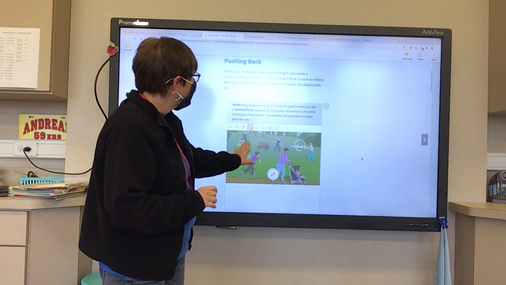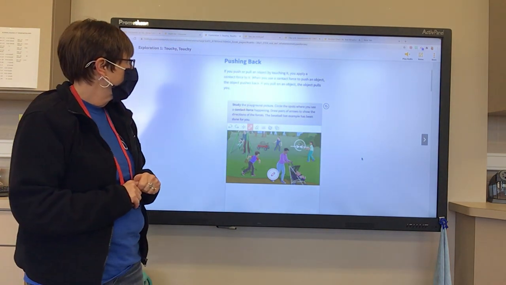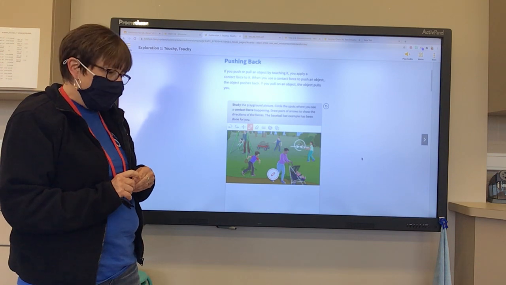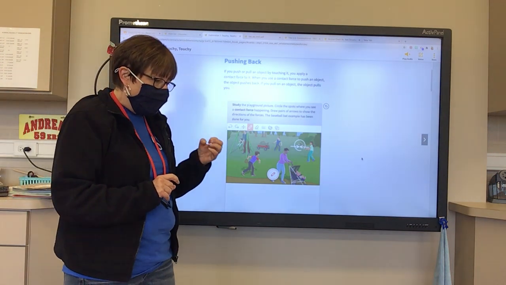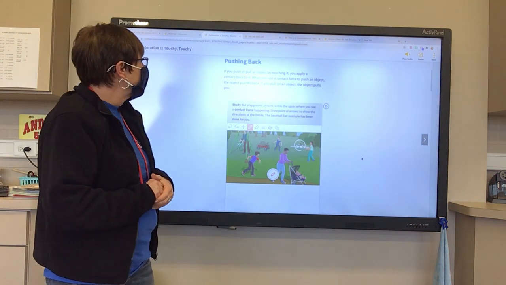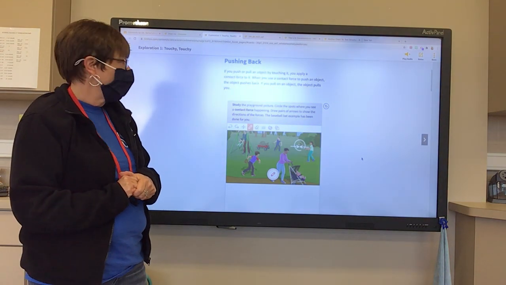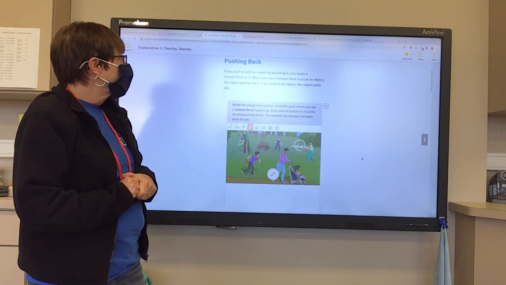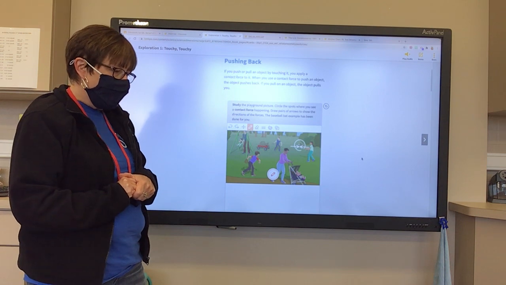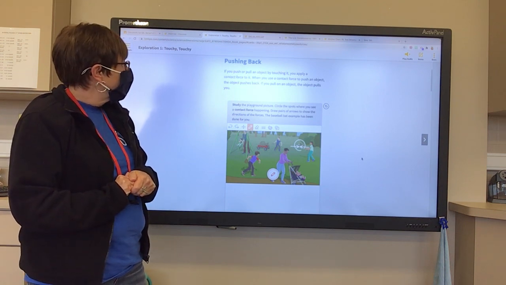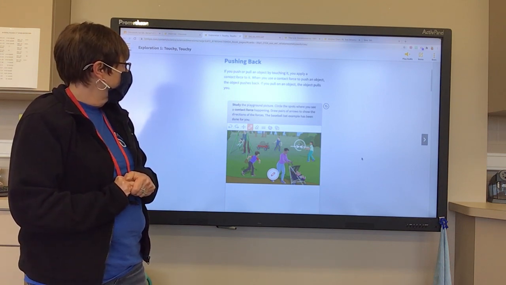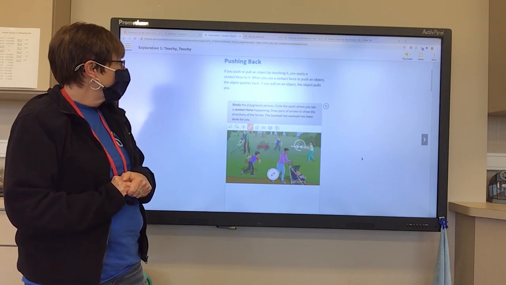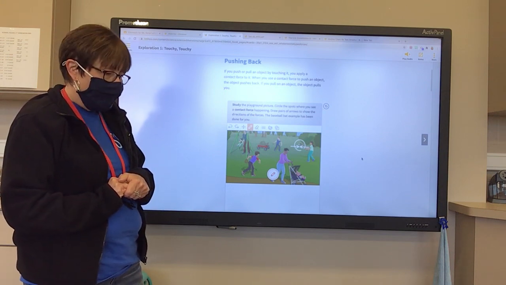I want you to study this playground picture. I want us to look at the places where we see a contact force happening, and I want us to draw pairs of arrows to show the direction of the forces. Now the baseball has already been done for us.